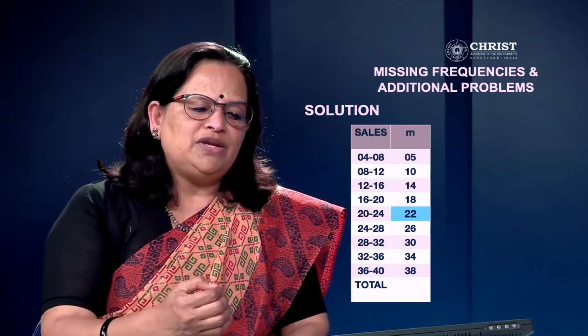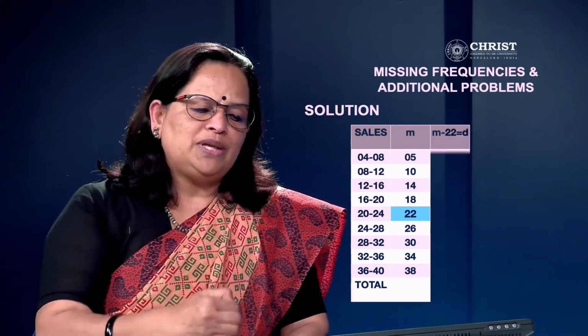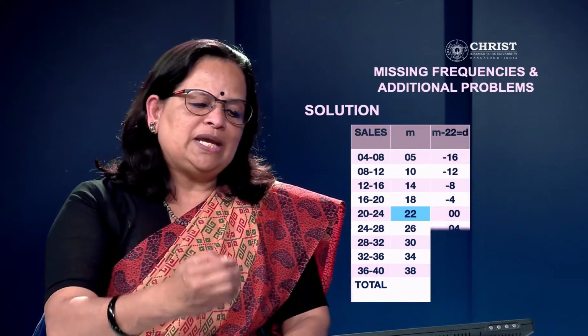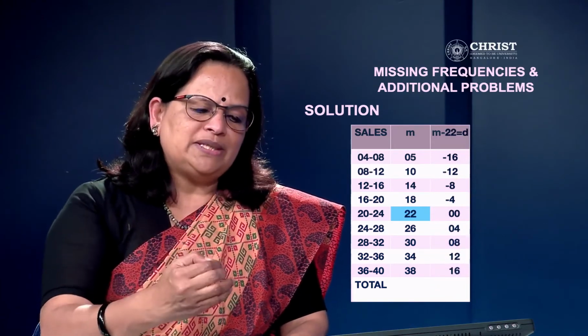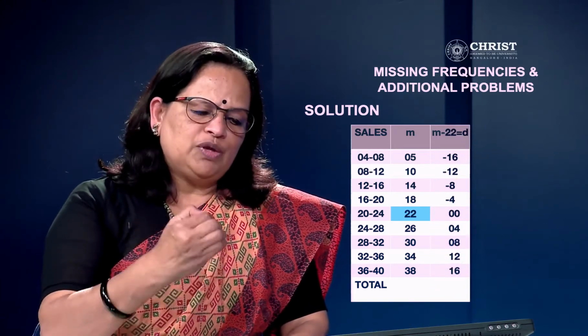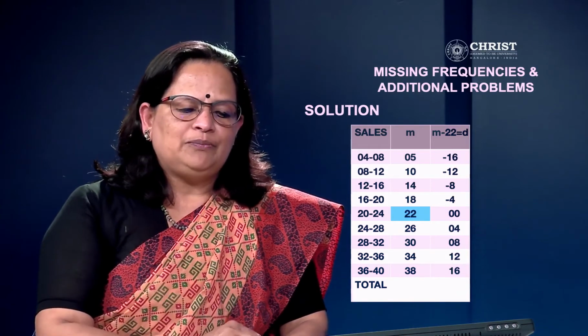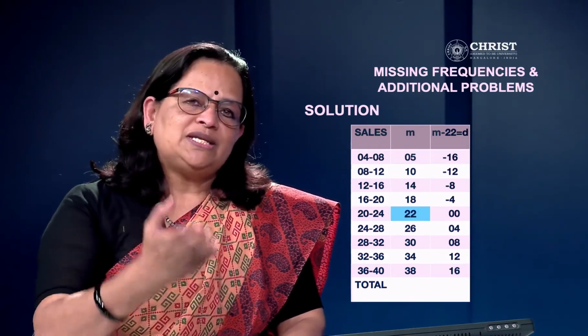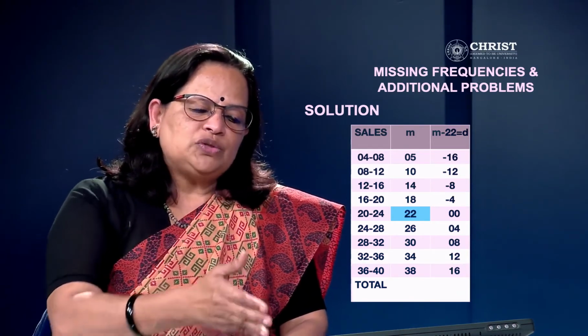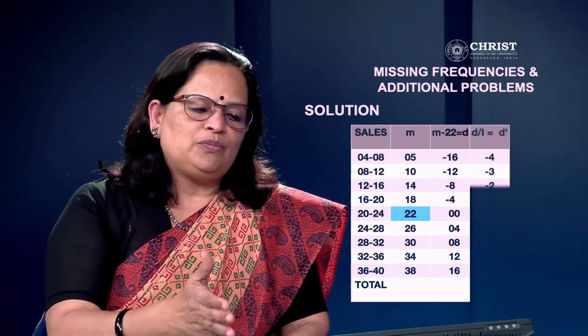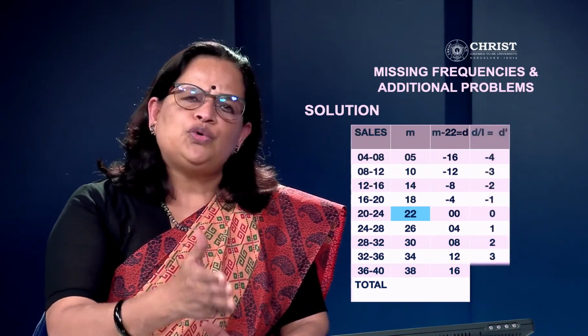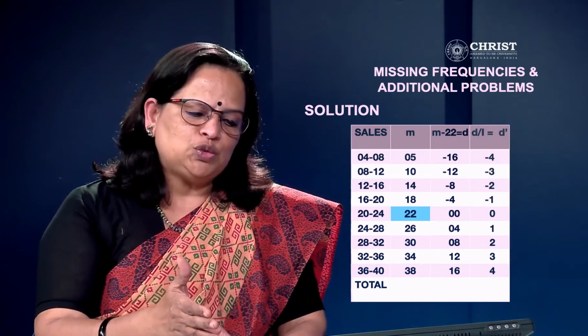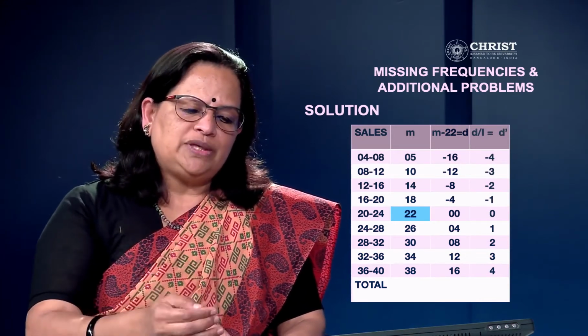Now you take deviations of all these values from the assumed mean. So you will get values like minus 16, minus 12, minus 8, minus 4, 0, 4, 8, 12 and 16. Now you divide the deviations by the class interval. So these d values divided by 4 will be minus 4, minus 3, minus 2, minus 1, 0, 1, 2, 3 and 4.